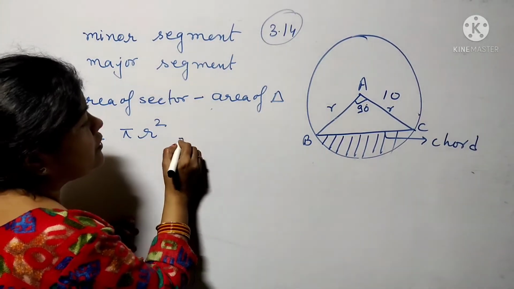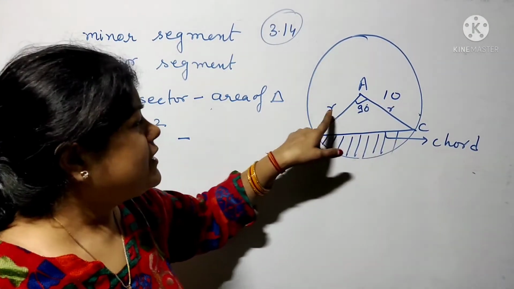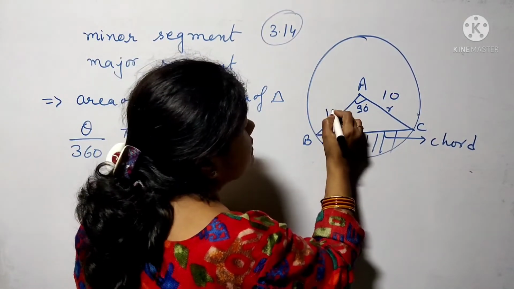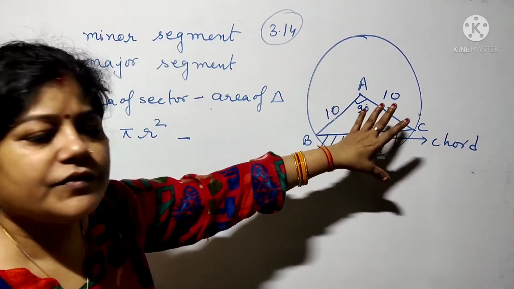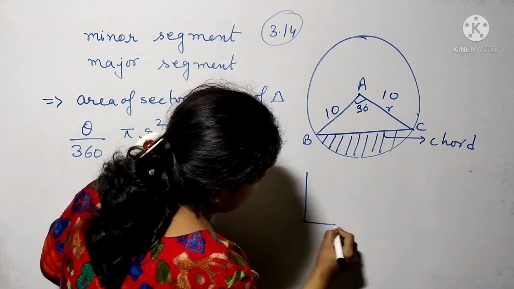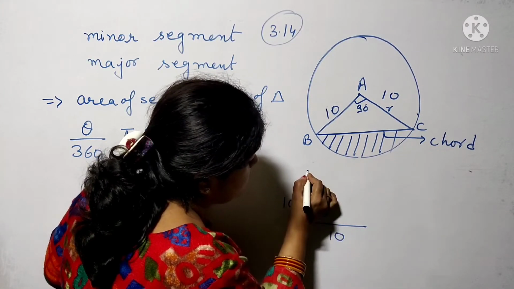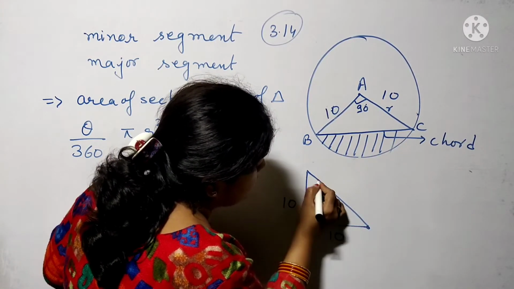Now, what is the area of the triangle? Its radius is 10 centimeter and this radius is also 10 centimeter because the values of the radii are the same. Now this is 90 degree. Now if we assume this is 10 centimeter, this is 10 centimeter, this is 90 degree, what is the length of this one?